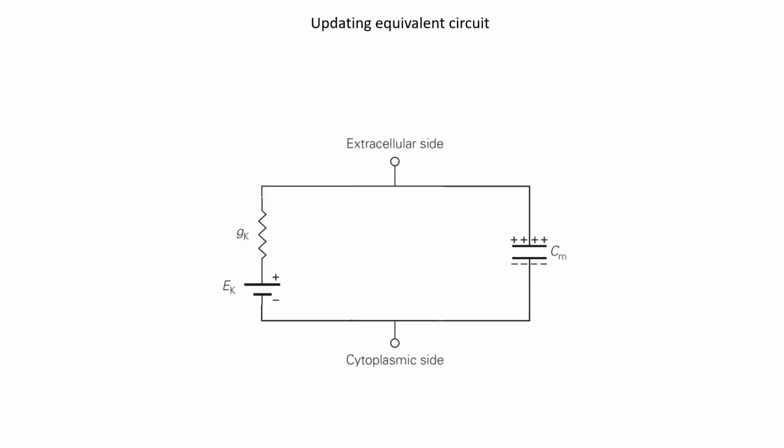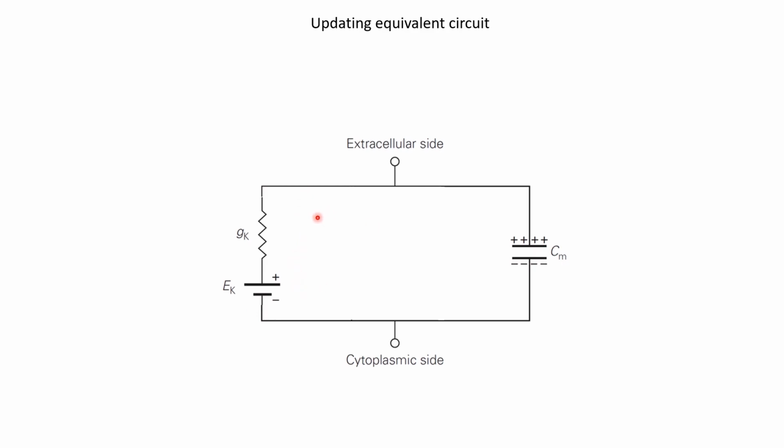Now we can put the battery also in the equivalent circuit for a piece of membrane. Earlier we had the capacitance and the resistance connected in parallel. And now we can add this battery, which basically reflects the equilibrium potential of the ion, in series with the resistance or the conductance for that ion. So Gk is the conductance for potassium ions and Ek is the equilibrium potential for potassium ions, and these two are connected in series.